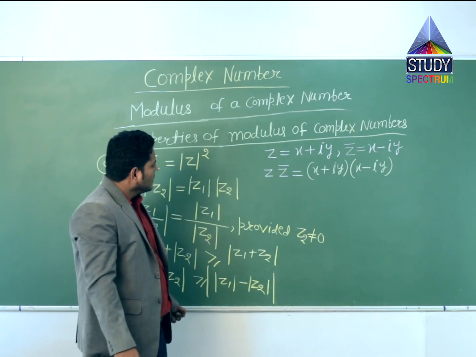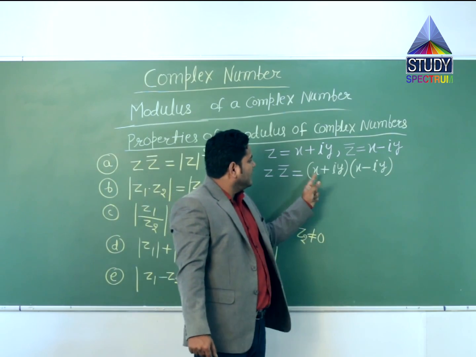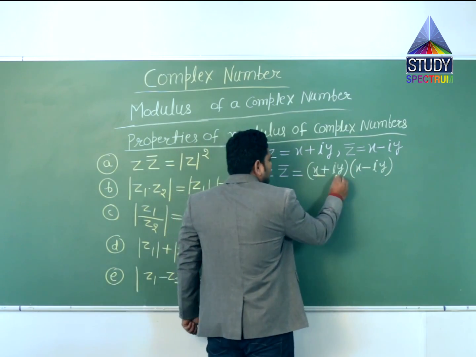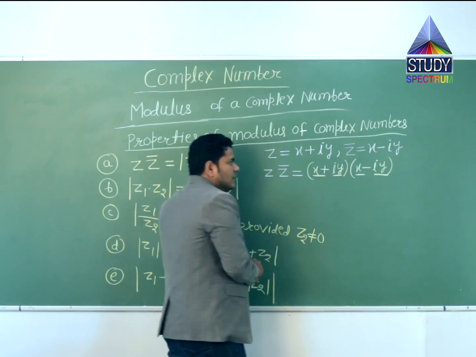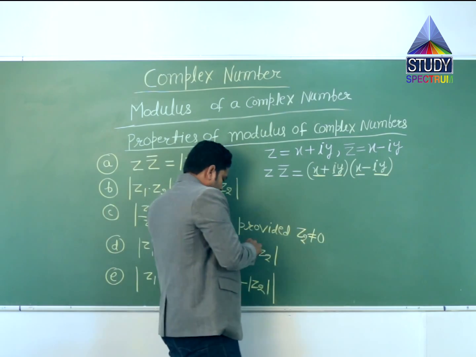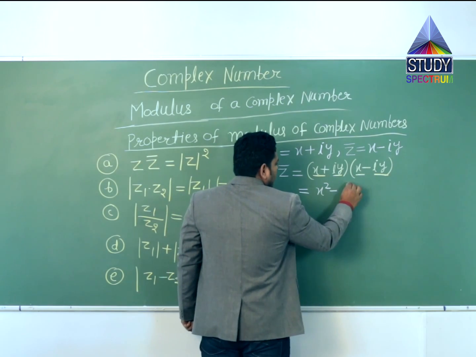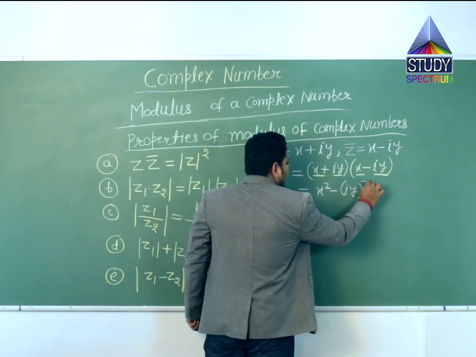Okay, so it is in the form of a plus b into a minus b. Here it is a plus b into a minus b. Okay, so we will write a square minus b square, which means x square minus iy square.